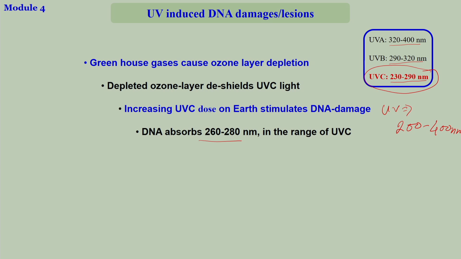So, all of that range is basically within this frame, UVC radiation, which means if UVC light falls on our body, the DNA or certain proteins, certain amino acids can absorb that radiation, and therefore they can do photochemistry, because if the molecule absorbs a radiation, it goes to the excited state, and from the excited state it can do different reactions.